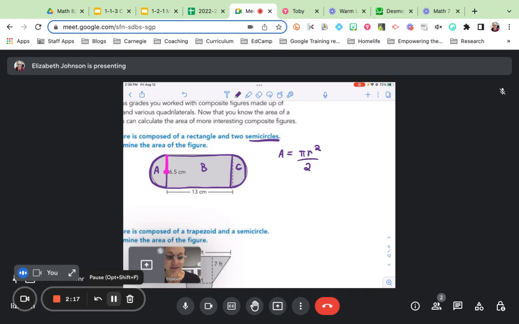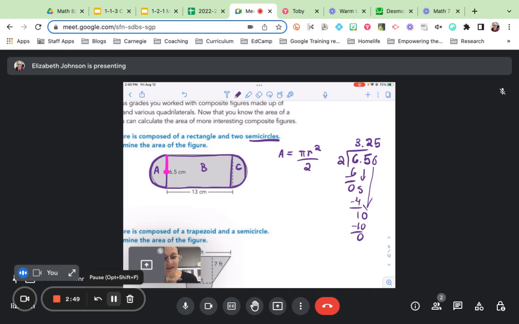So that's our formula. We know our formula, but do we know our radius? Yes, we do. The diameter is 6.5. Divide that by 2, and we can find our radius. 2 goes into 6 3 times. 2 goes into 5 2 times. And 2 goes into 10 5 times.